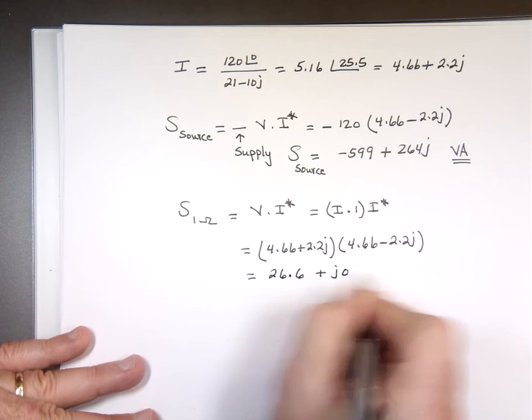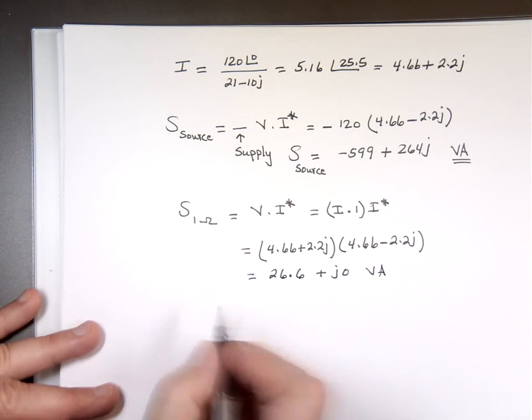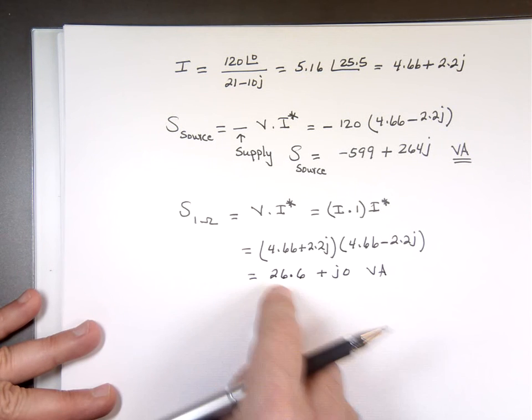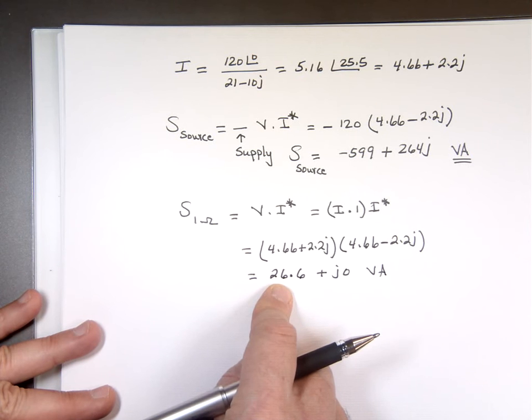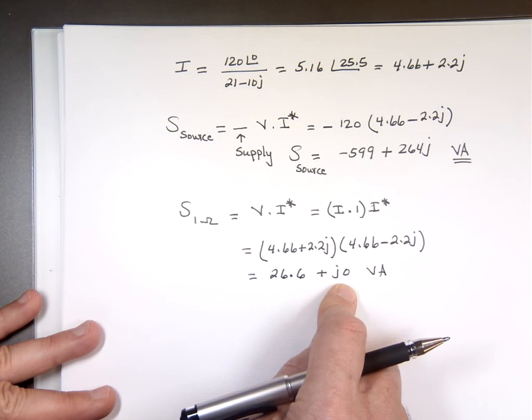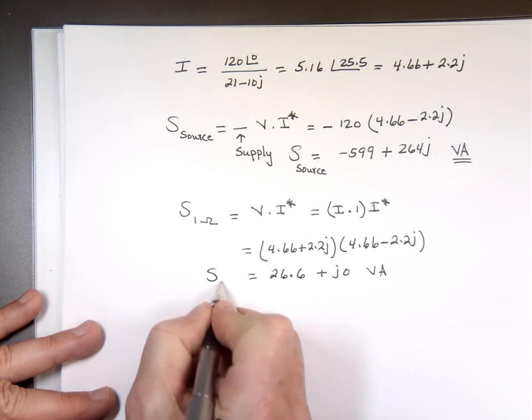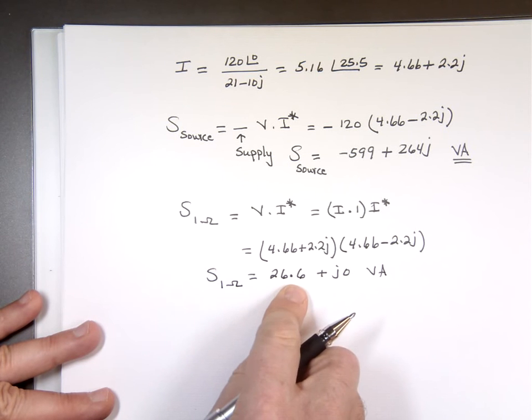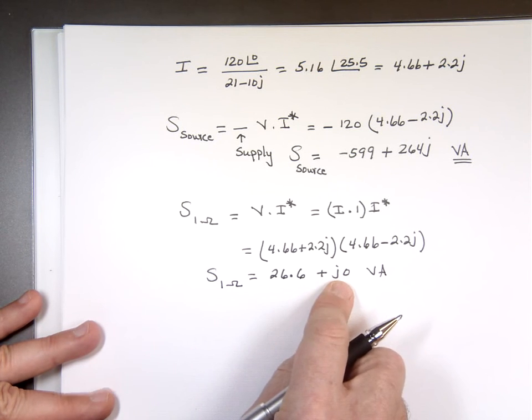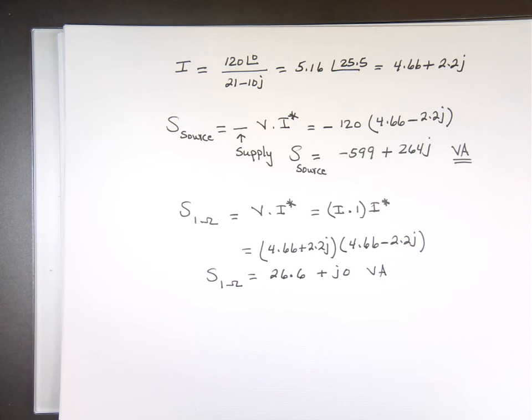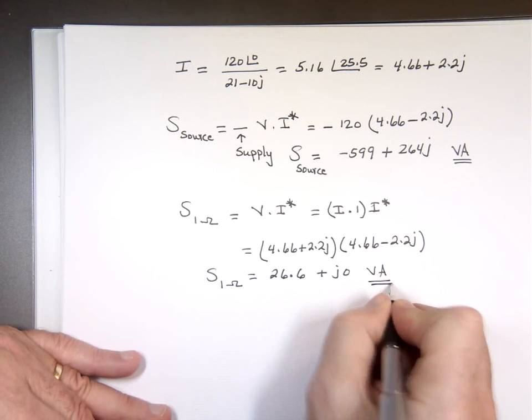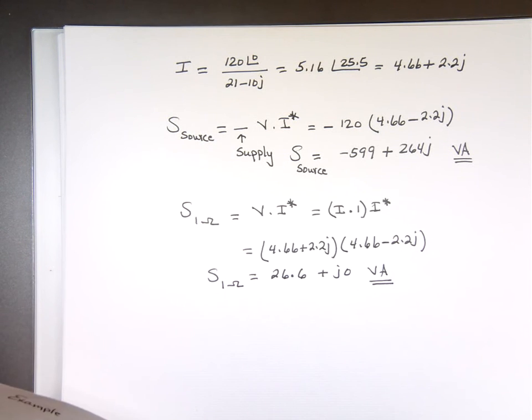So if they ask for complex power, remember complex has a real portion, the average power, and an imaginary portion, that's the reactive power. So if they want both of them, that's the value, that's the average power, reactive power is 0. There's nothing. And again, it's VA. What is VA? Volt amp? Volts amp, yep.